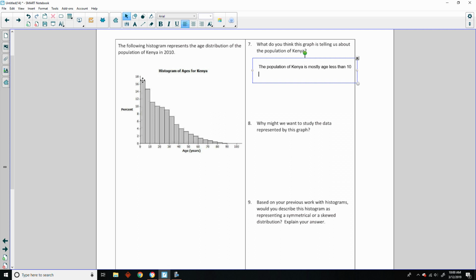Okay, something like that. 17 and 15 is a total of 32. 32% of the population is under 10 years old. That's almost a third of the population under the age of 10.